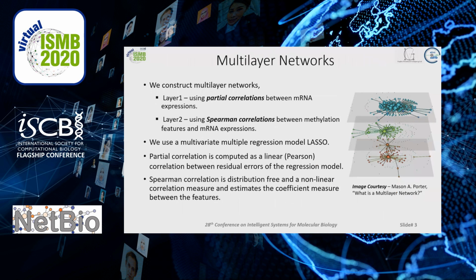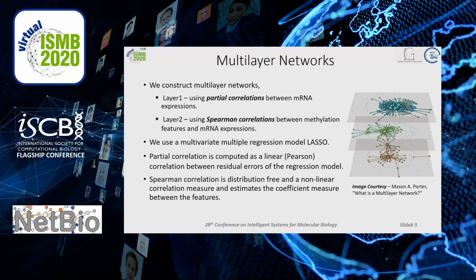In our work, a multi-layer network is defined as a network with separate layers with no interlayer edges and with the possibility of non-empty intersection set of vertices across the layers. We measure partial correlation coefficients between the mRNAs for layer 1 and Spearman correlation coefficients between methylation features and mRNAs for layer 2.